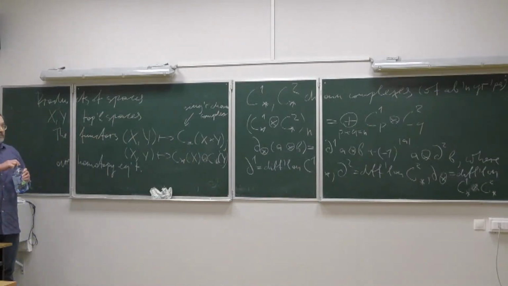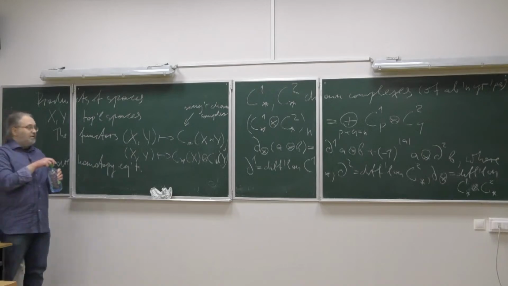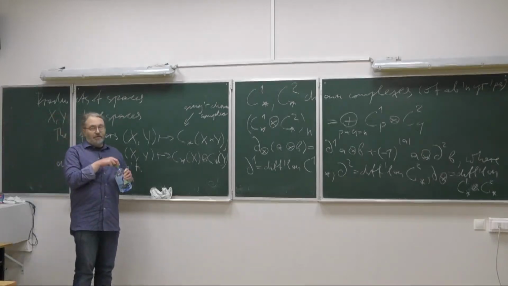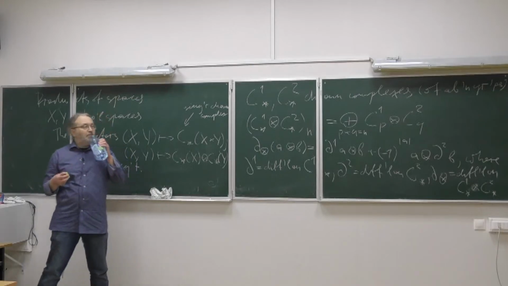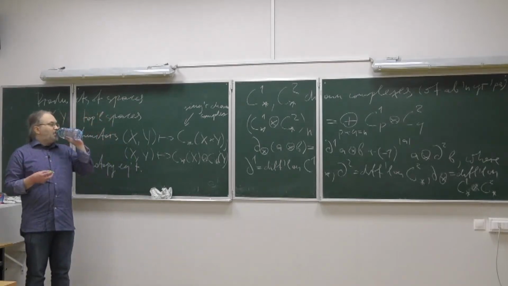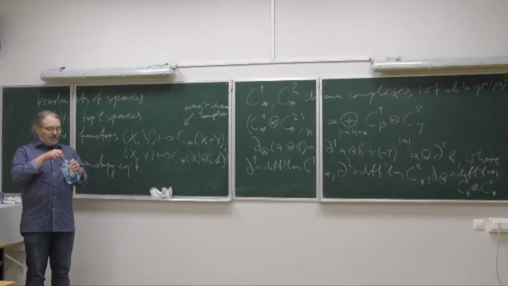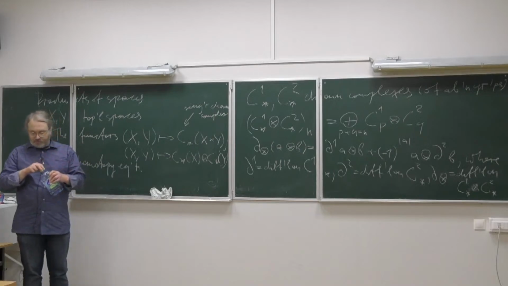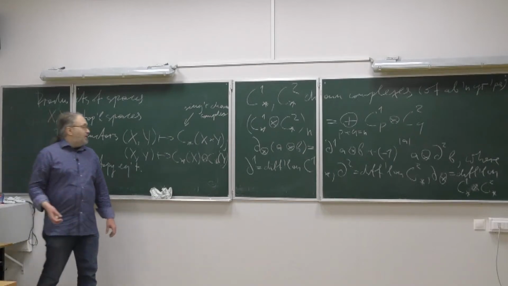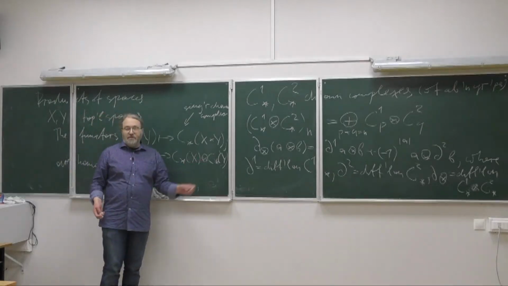So there is no deep meaning in -1 to the degree of A. Okay, so now I understand what this means.